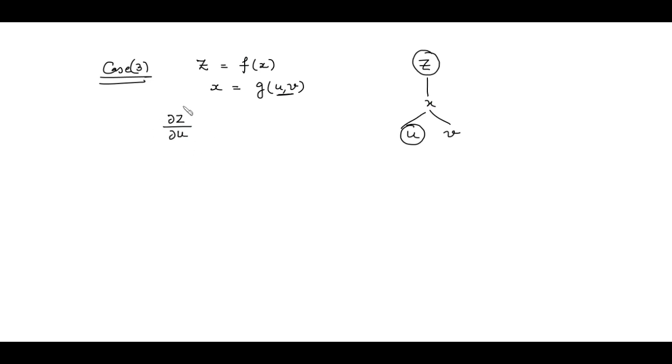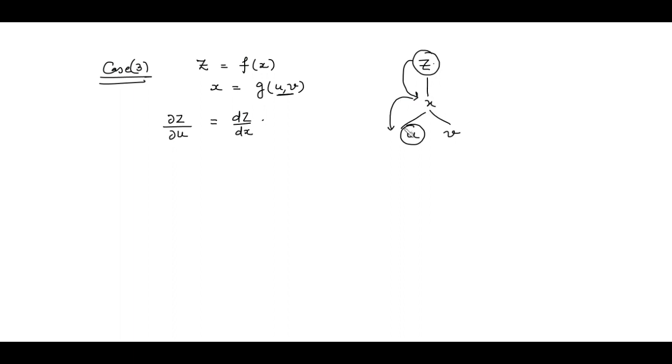So what is the derivative of z with respect to u? Curly z upon curly u will be, after applying the chain rule, the derivative of z with respect to x, and then the derivative of x with respect to u. Now since here z is a function of x alone, this derivative comes in terms of complete derivative.